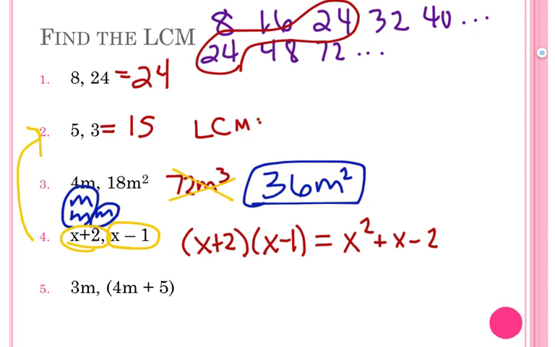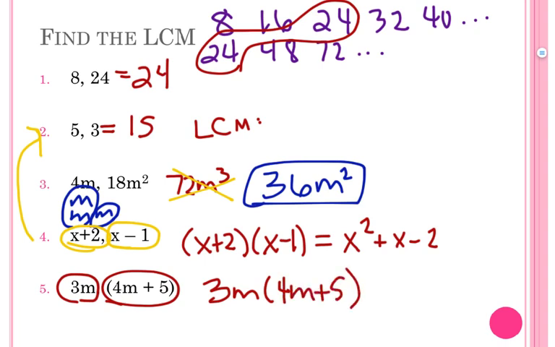Okay, and then number 5, again, this is just like number 2. We've got one factor there and one factor here, so the least common multiple is going to be the product of those. You can just write it like this. You can multiply it out if you want to. Sometimes it serves a purpose, but most often it doesn't need to be done.